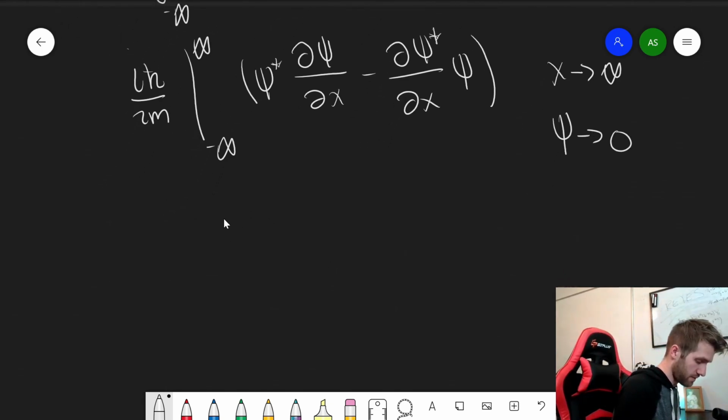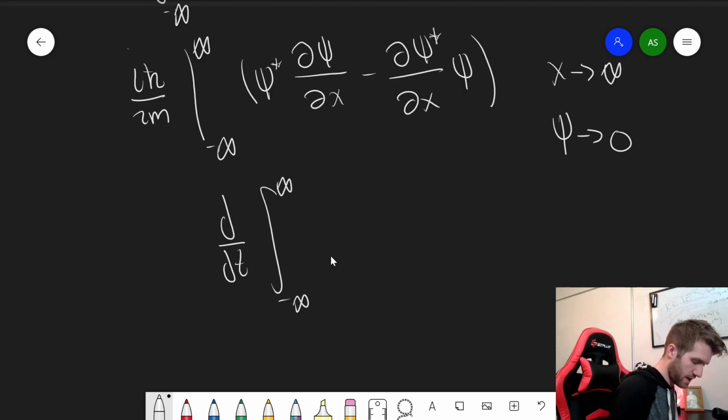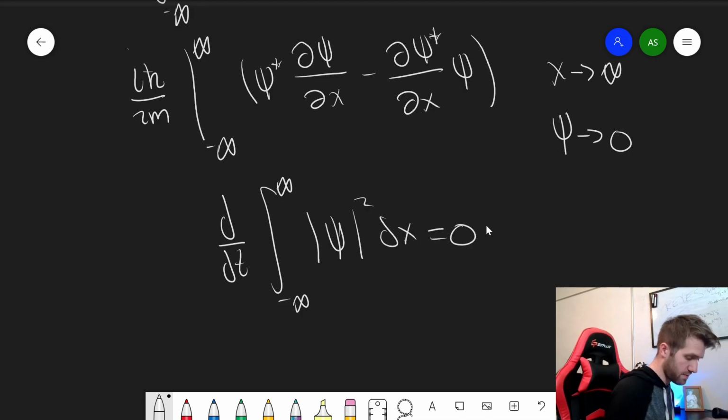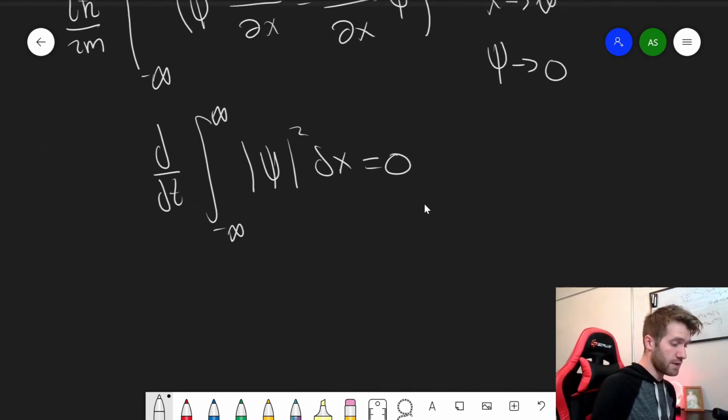So in other words, d/dt of the integral from negative infinity to positive infinity of psi squared dx equals 0. And there you have it. This shows us very clearly that the normalization does not depend on time.